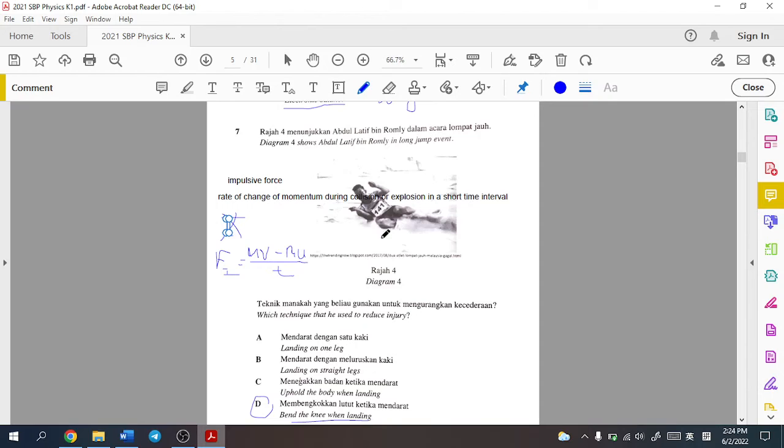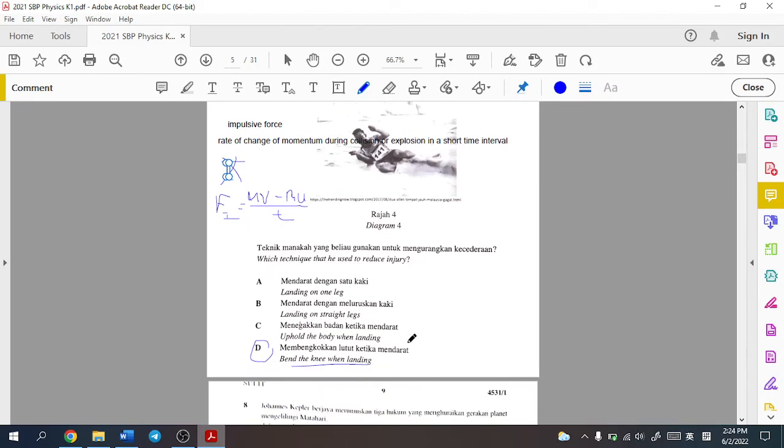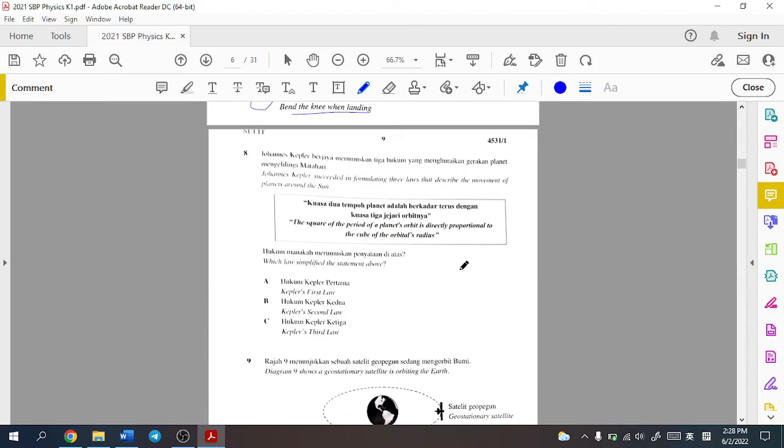When you bend the knee, you reduce the impulsive force by increasing the time of collision. When you increase the time of collision, the impulsive force will decrease. The impulsive force acting on your knee will decrease, and you are less likely to get injured.